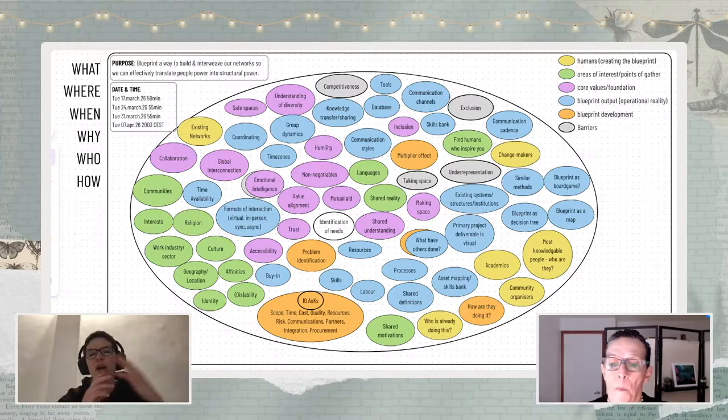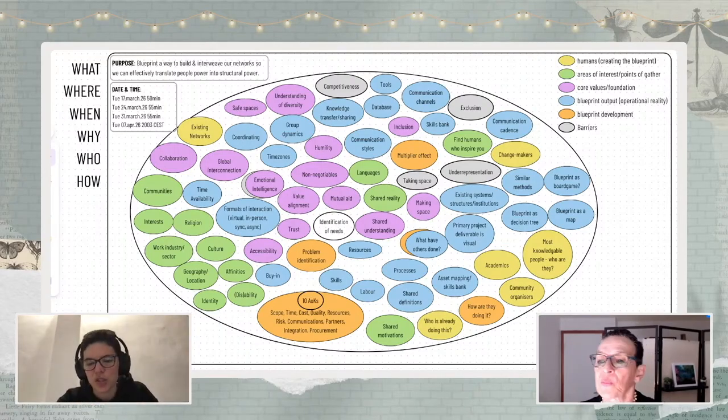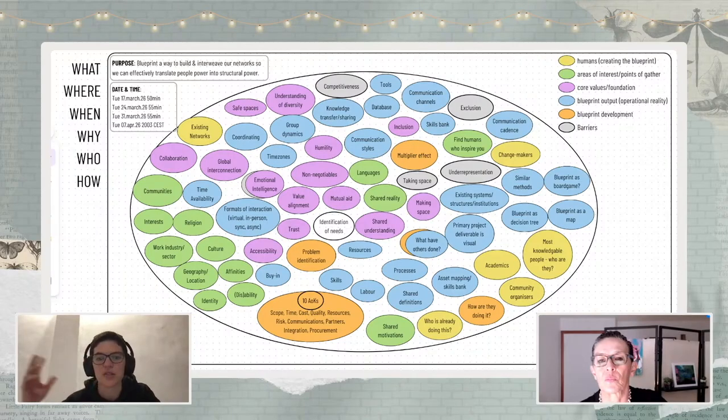One of the things that I've been doing for a while, but started consciously doing recently, is trying to use the project development time, this right here that we're doing, as a way to test certain things that might be part of the output. We're trying to create this blueprint output that considers these different things, and during our process of developing the blueprint, we can test some of these areas.